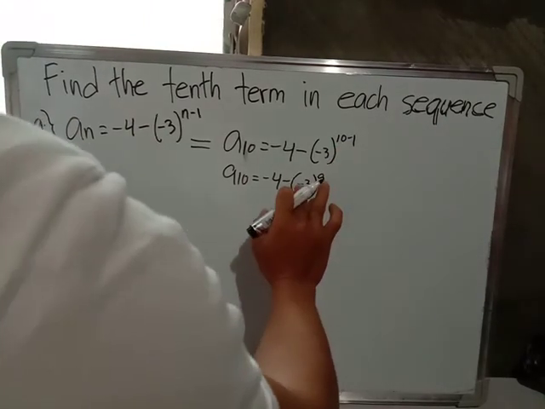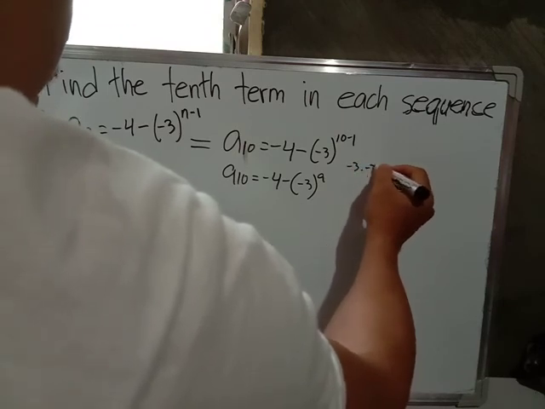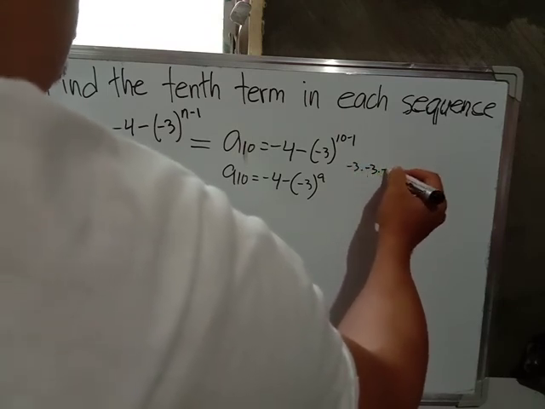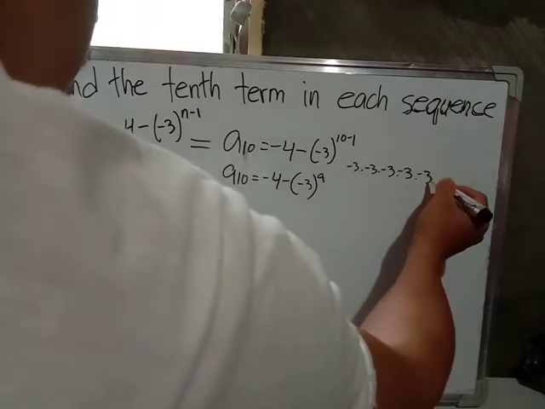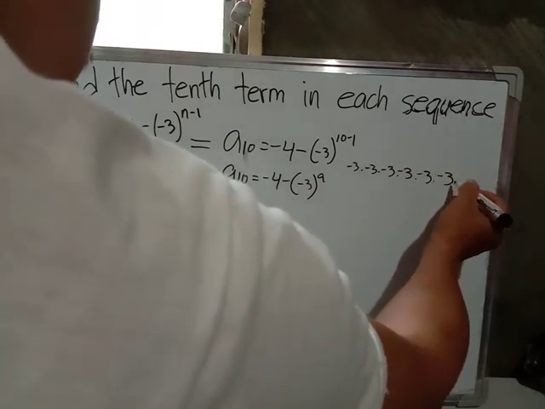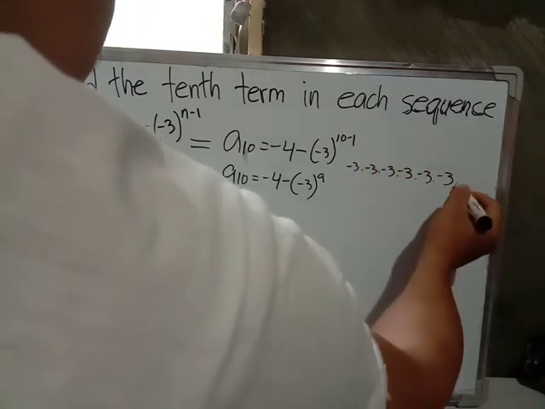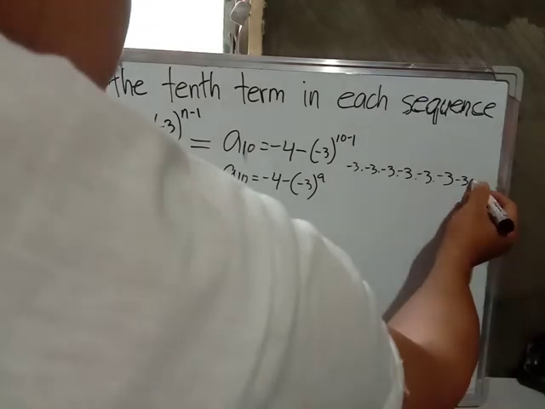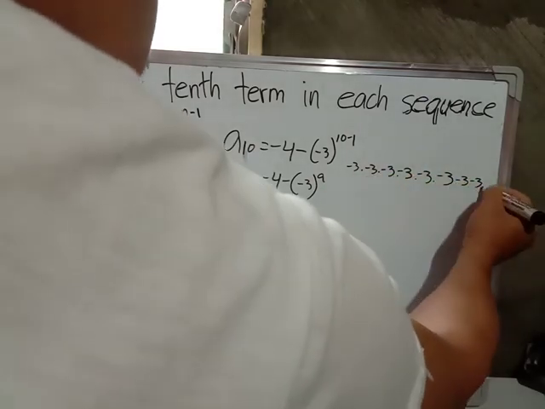So, yung negative 3 lang, parang ano lang yan, negative 3 times negative 3 times negative 3, and so on, 1, 2, 3, 4, 5, 6, 7, 8, times negative 3.